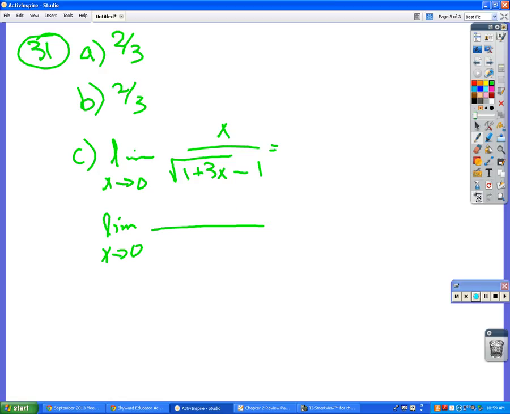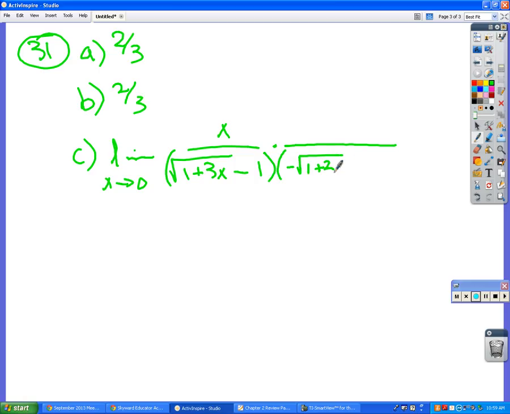So what can I do with this? Multiply by the conjugate. Right, multiply by the complex conjugate. Anytime you see that square root thing, that is your clue that that's what you're going to do. So what's the complex conjugate of the square root of 1 plus 3x minus 1?